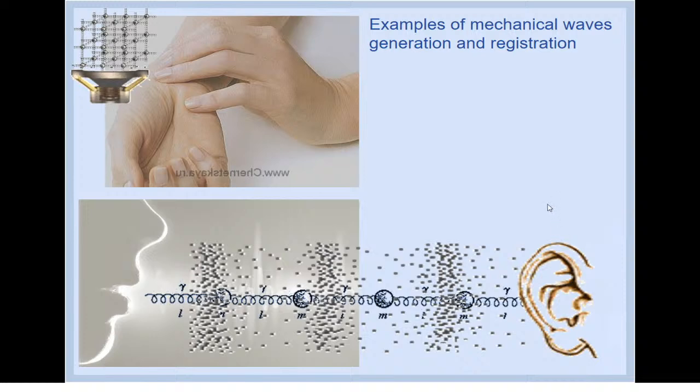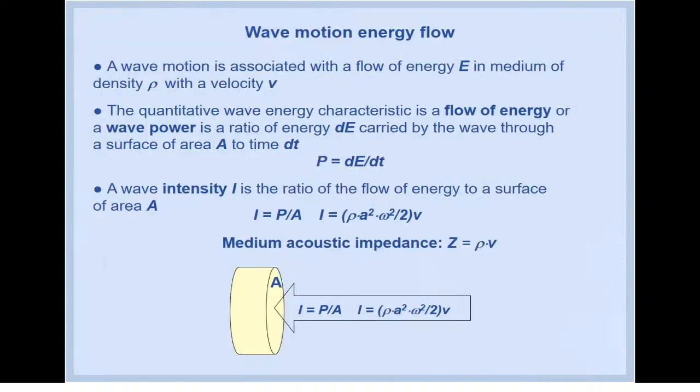These are the example of natural, I may say, mechanical waves produced by the natural structures. And look, we talk about mechanical wave as about the process carrying the mechanical energy through this space, through the medium.